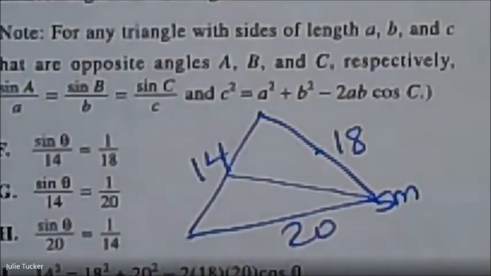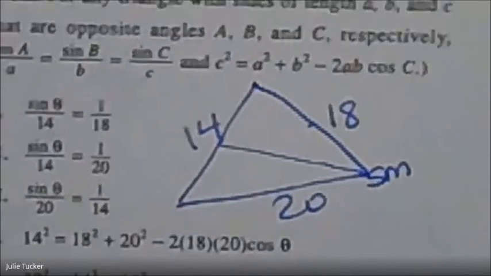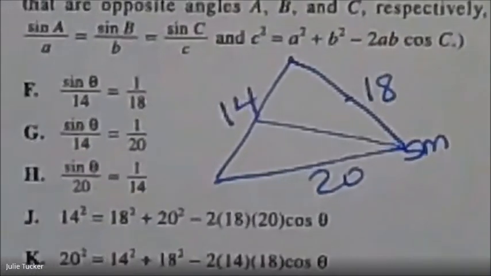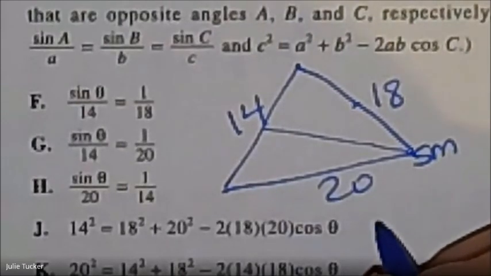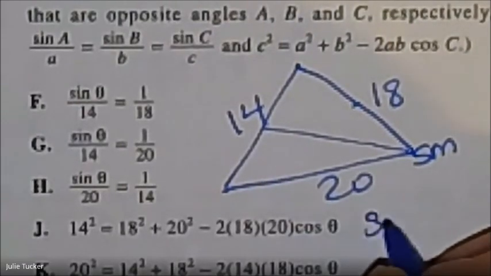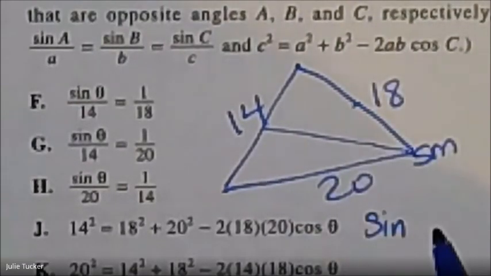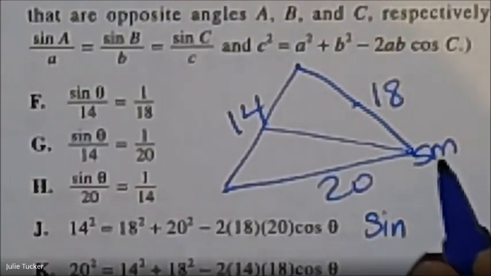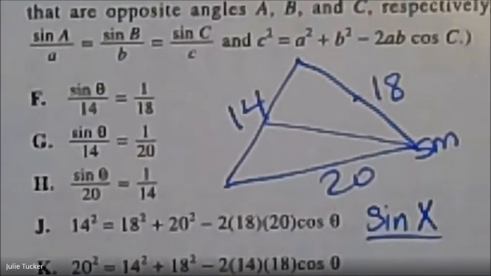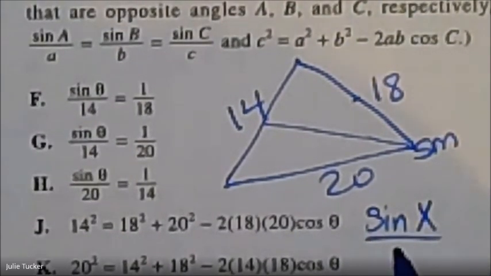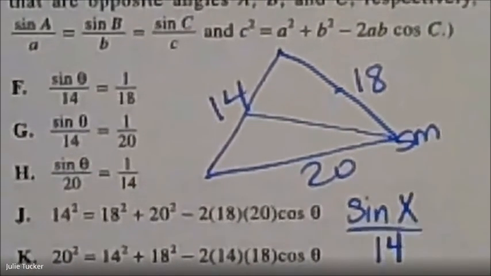I can show you how law of sines works, but we can't use law of sines. The way law of sines works is you say the sine of an angle, like this one we're trying to solve for, we'll call it angle X, over the opposite side length, like that, and make a fraction out of it.